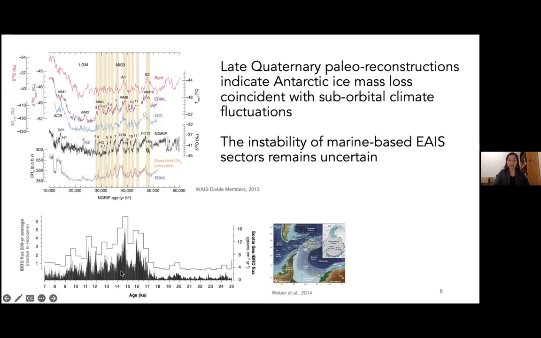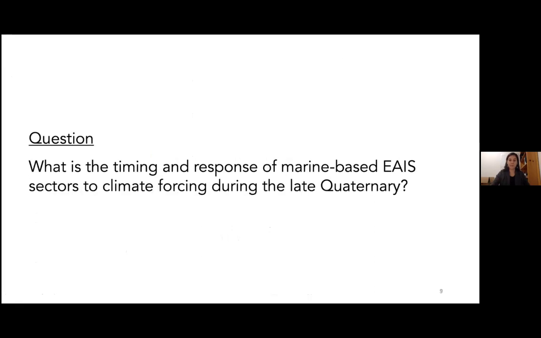If you look at the grains and use other methods, you can tell where these grains are coming from. But if you want to know about the vulnerability of individual outlet glaciers and the forcing factors behind that, you have to go to the source. You have to go to an ice-proximal record.